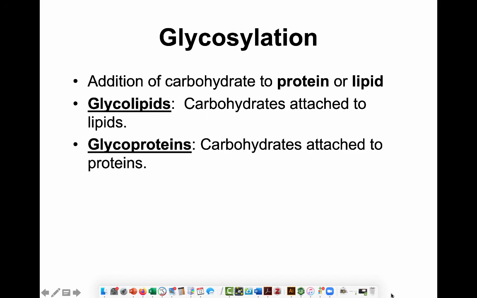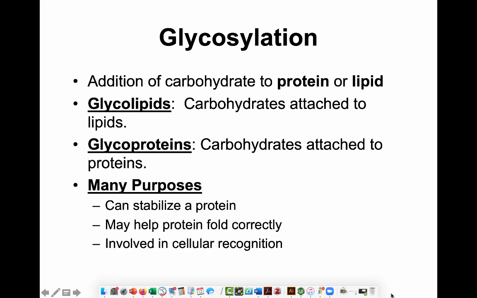And a glycoprotein is a glycosylated protein in which the carbohydrate is attached to the protein. There are many purposes of glycosylation: it can help stabilize a protein, it can help the protein fold correctly, and it's also involved in cellular recognition. So we're going to go over different forms of glycosylation and different types of glycolipids and glycoproteins and what their functions are.